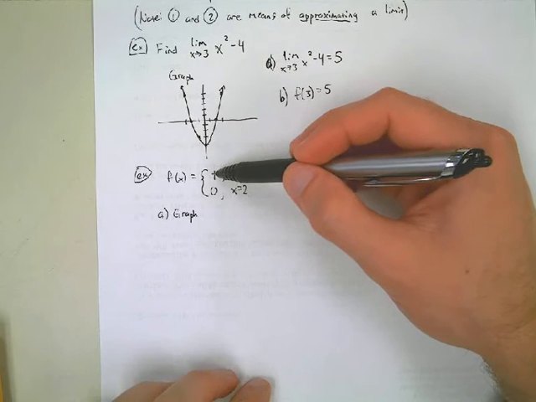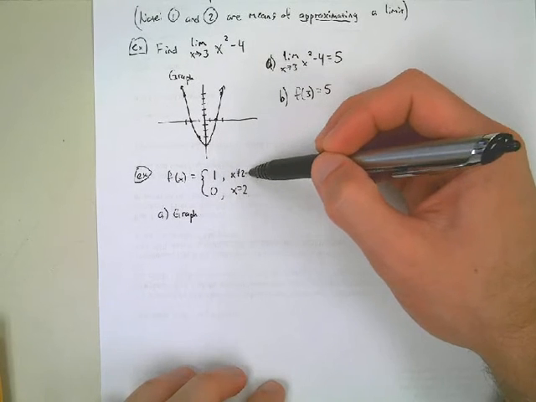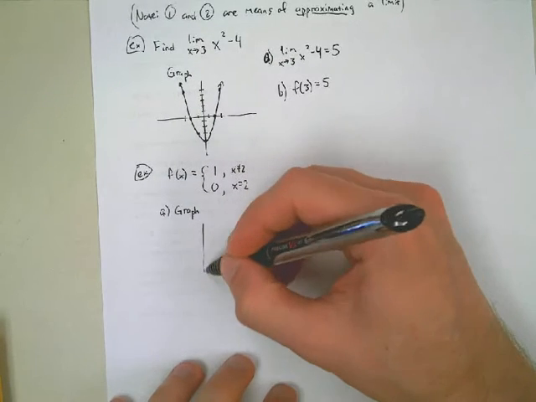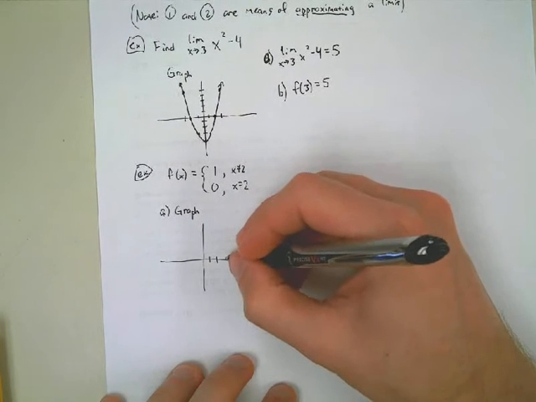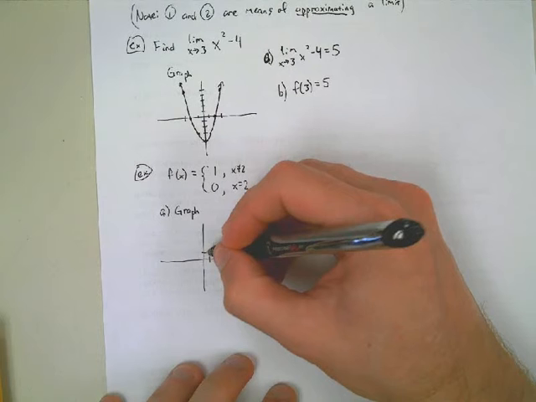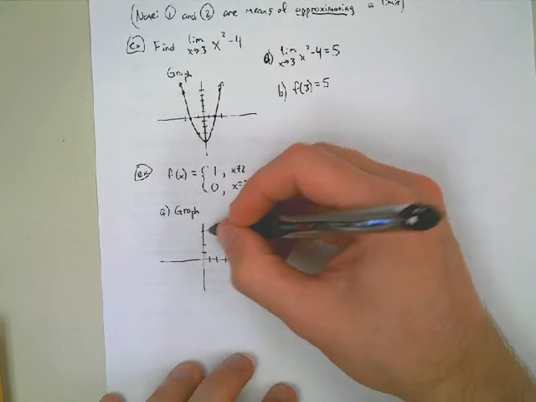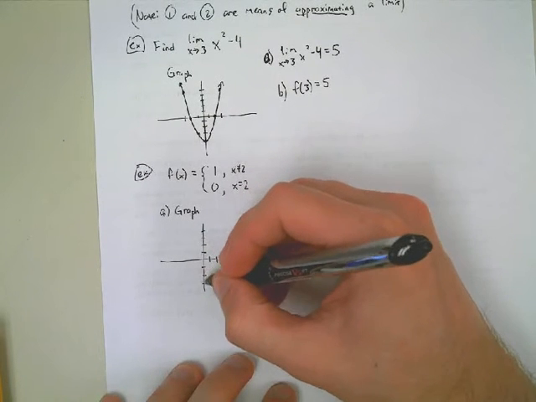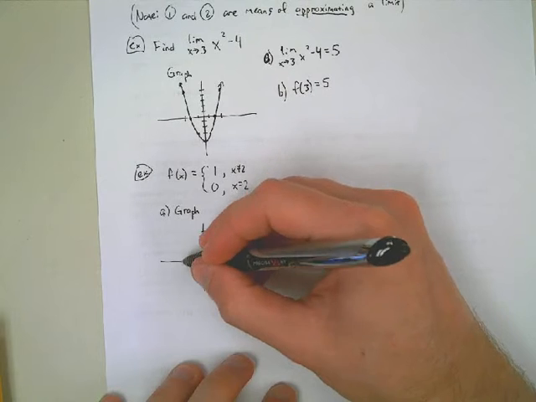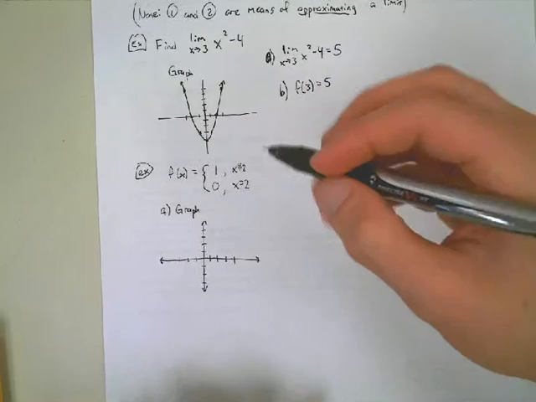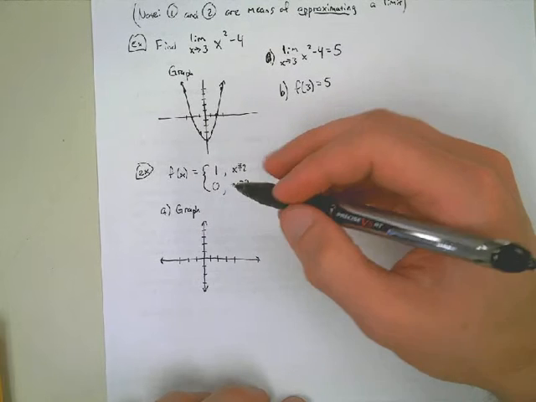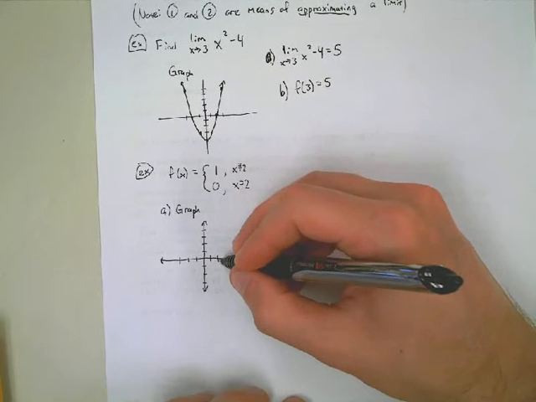So let's draw that here. I'm going to do a little sketch. Everywhere but at the x value of 2, I have a horizontal line at y equals 1. So I'm just going to draw that horizontal line.